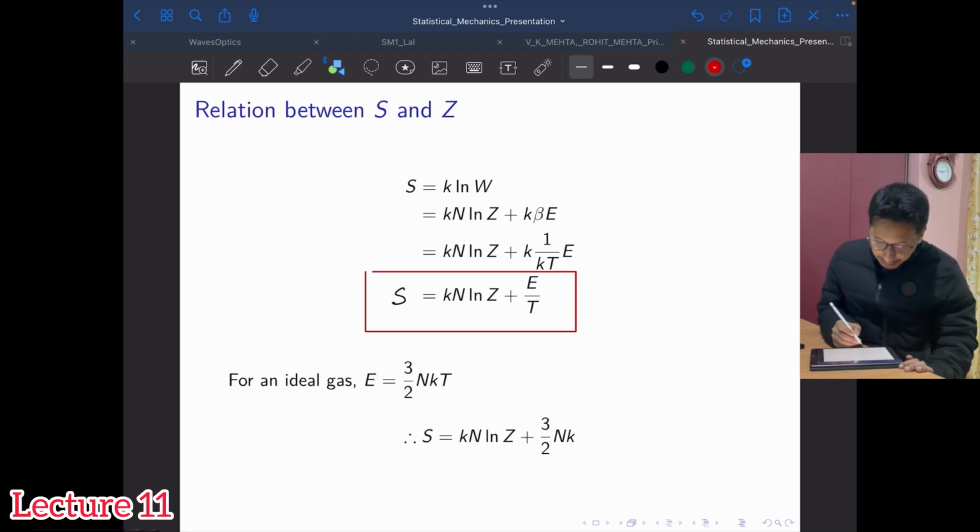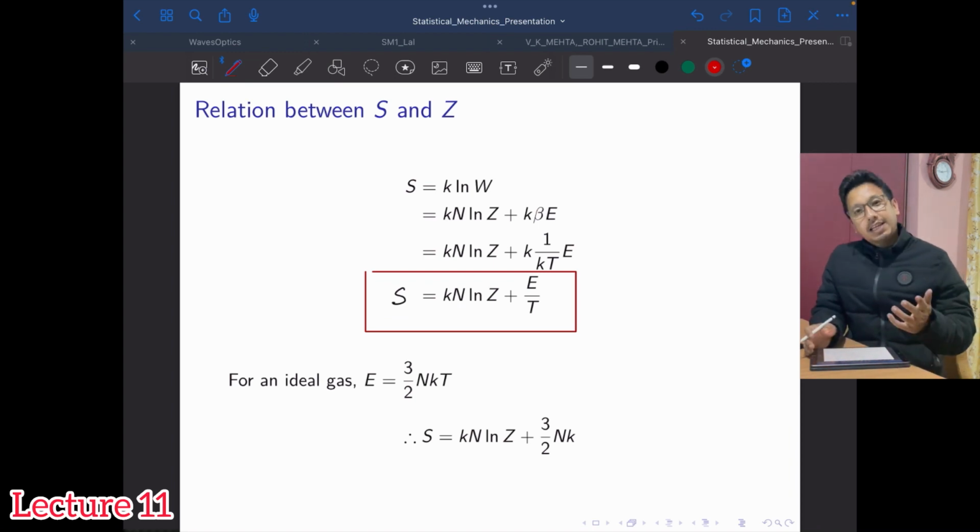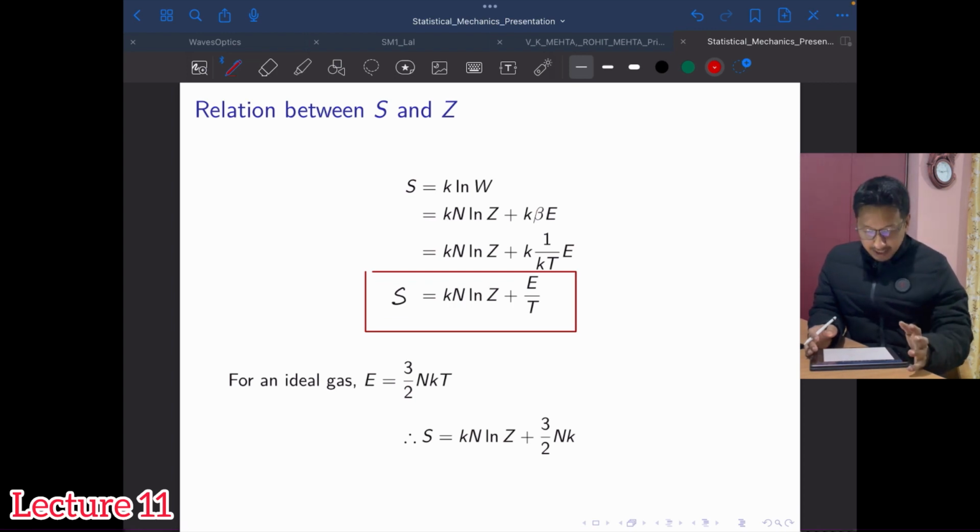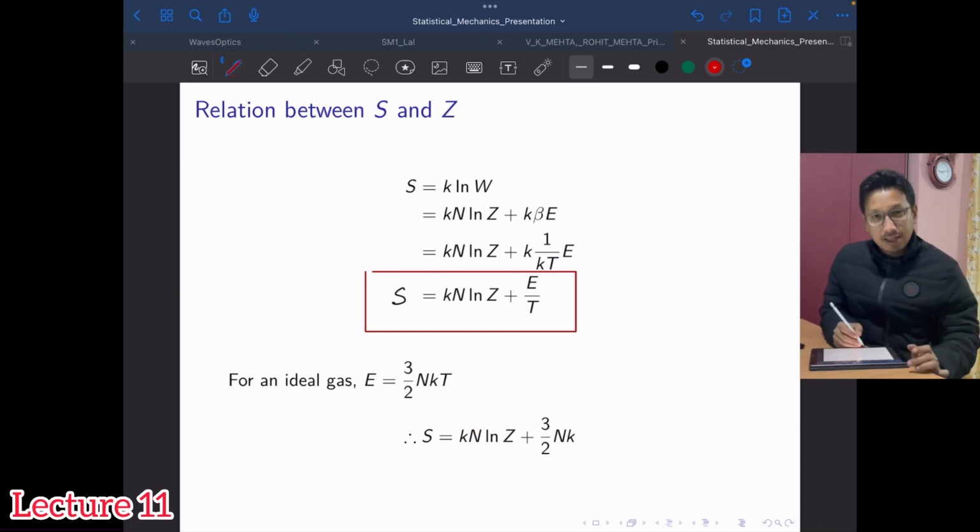And for an ideal gas, if there are n particles, it has 3n degrees of freedom. In the previous video, when we discussed the equipartition of energy, we discussed this term. So the total energy is given by 3n into half kT, that's why 3 by 2 nkT is the total energy.